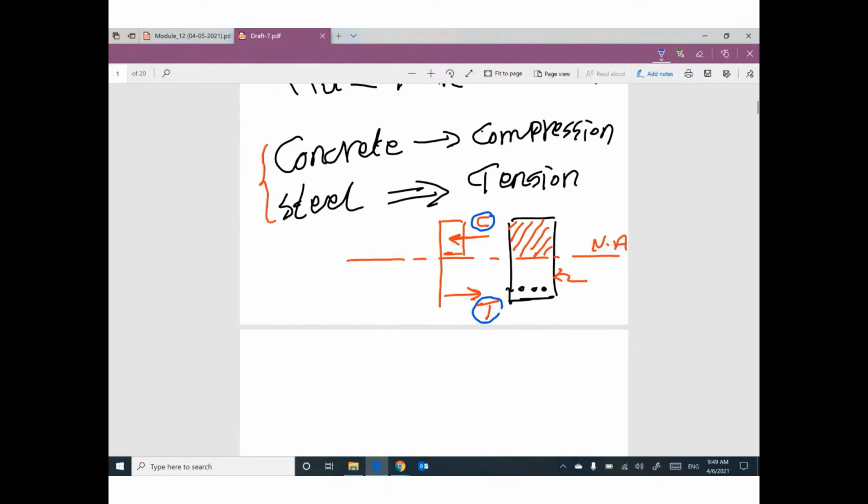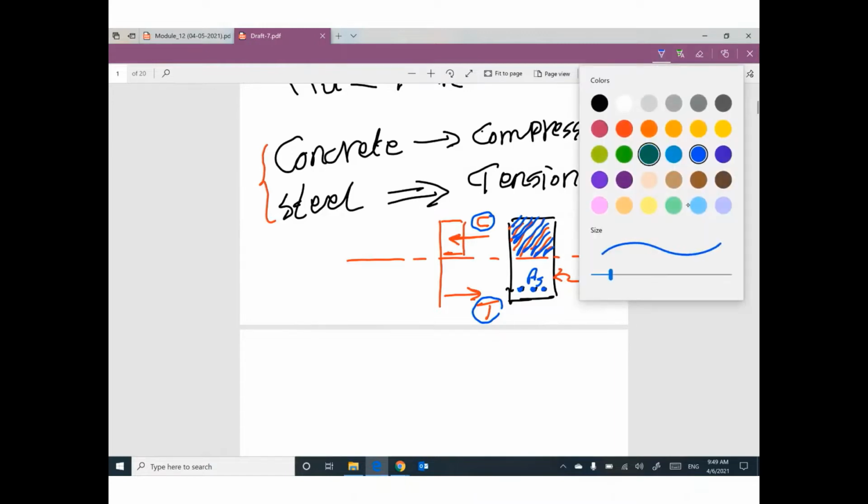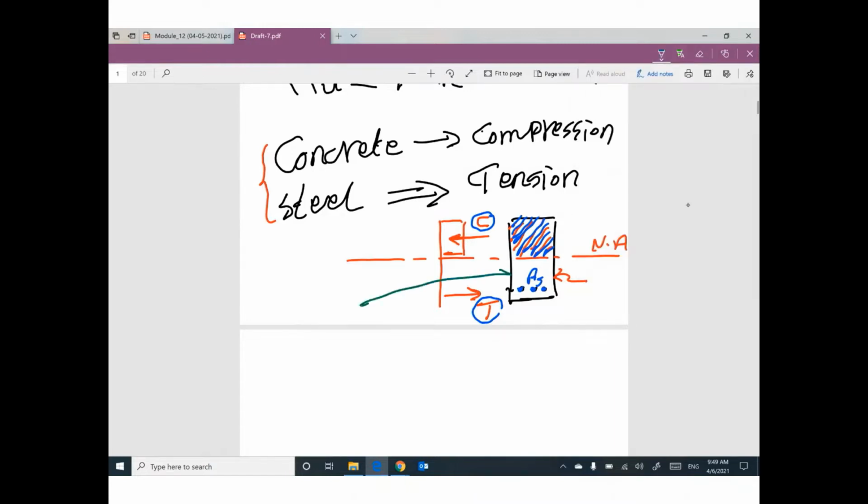That means the strength of this cross section depends on the part of concrete only above the neutral axis and the steel reinforcement only below the neutral axis. One of you will say, hey, what about this concrete? Useless.